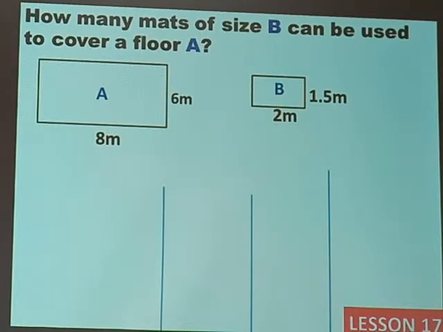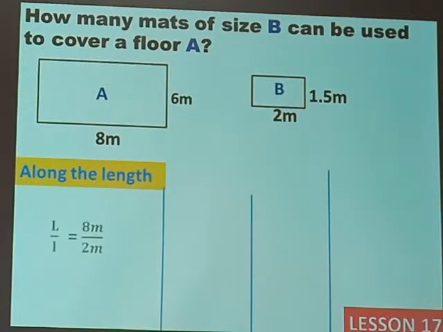We need to find how many mats can fit along the length of the floor. How many mats can we put there and they fit exactly? For us to do that, we need a simple formula. It's going to be the length of the floor divided by the length of the mat.